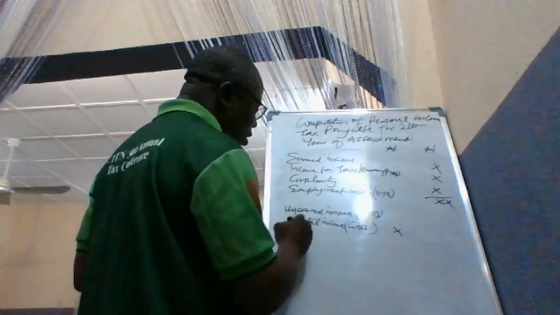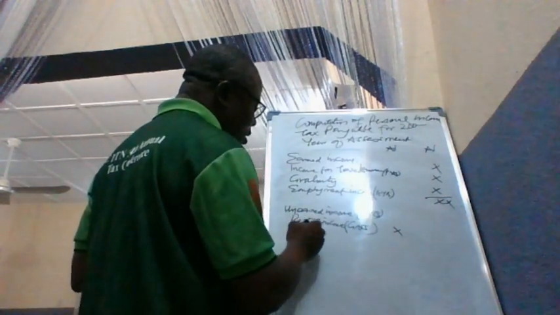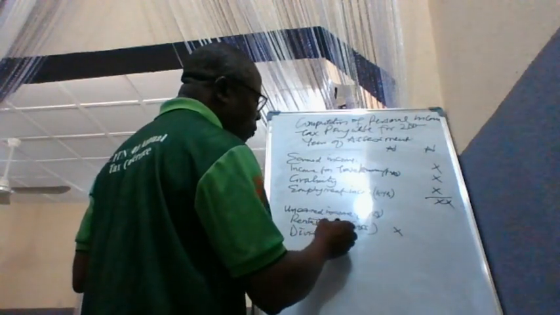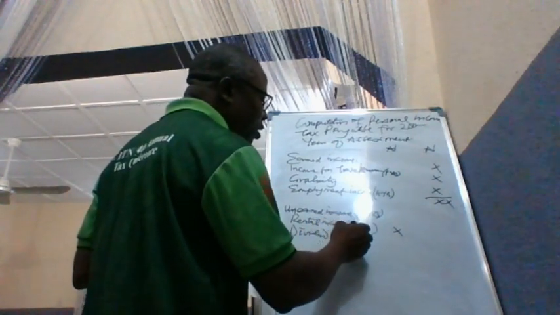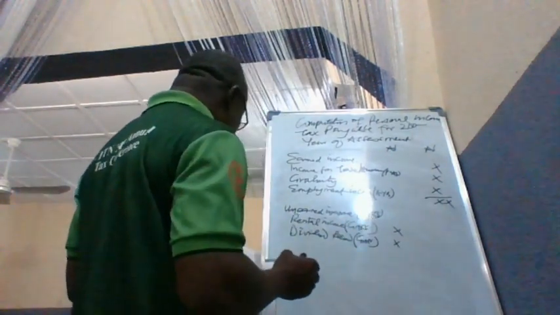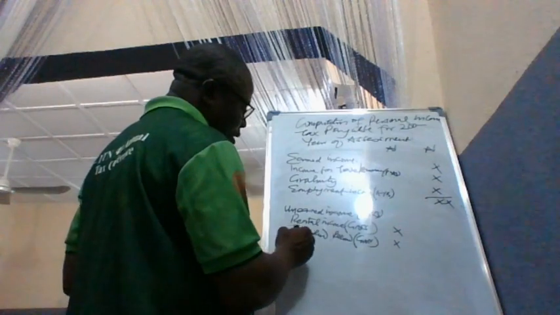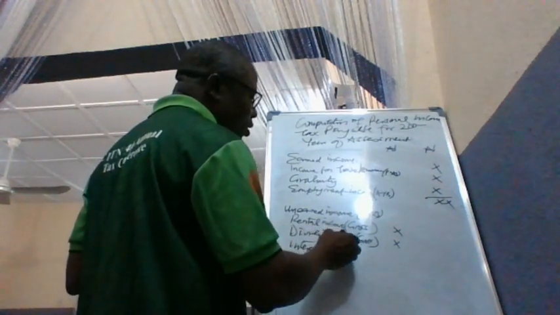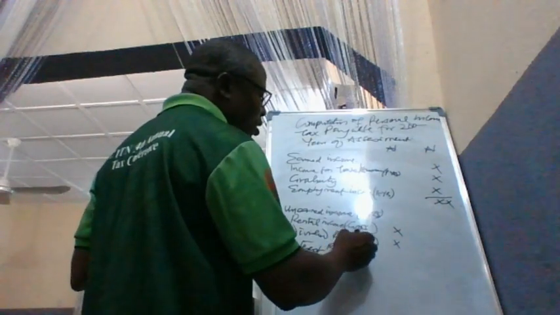Then dividends received, also gross it, and then bring it. Then the next one will be interest received, also gross it.